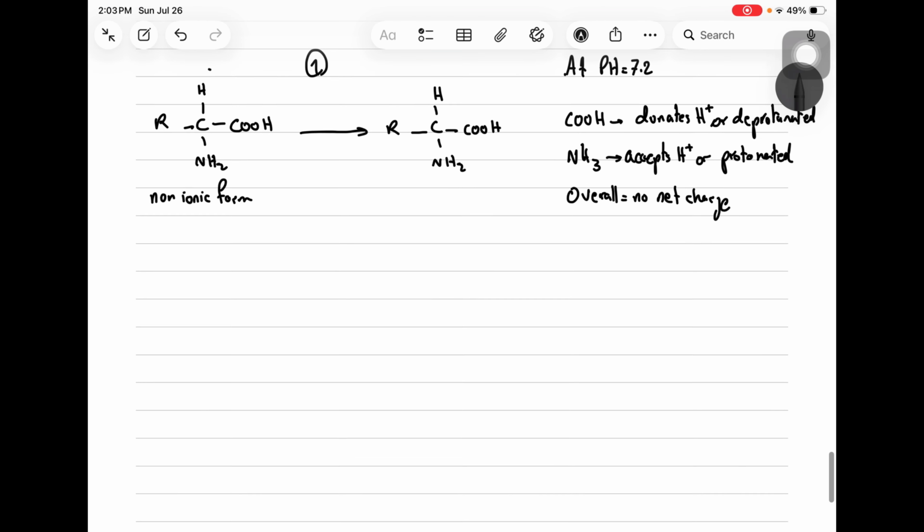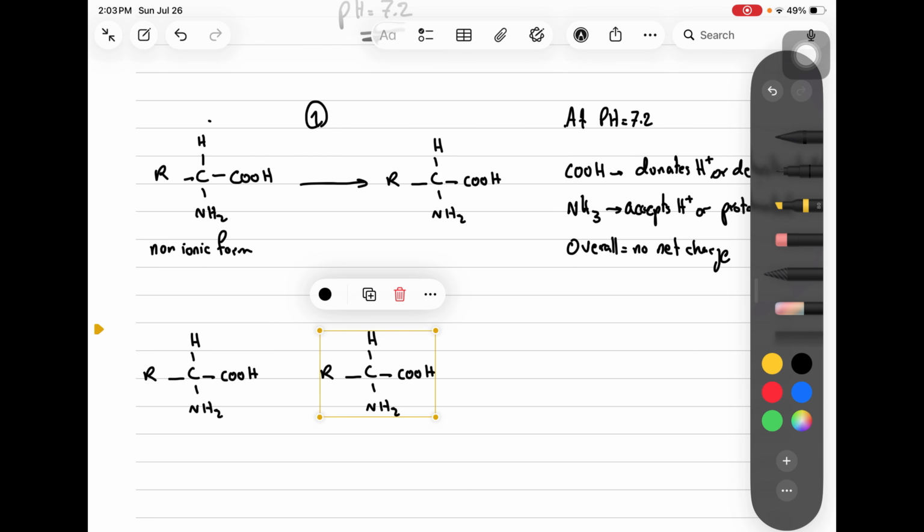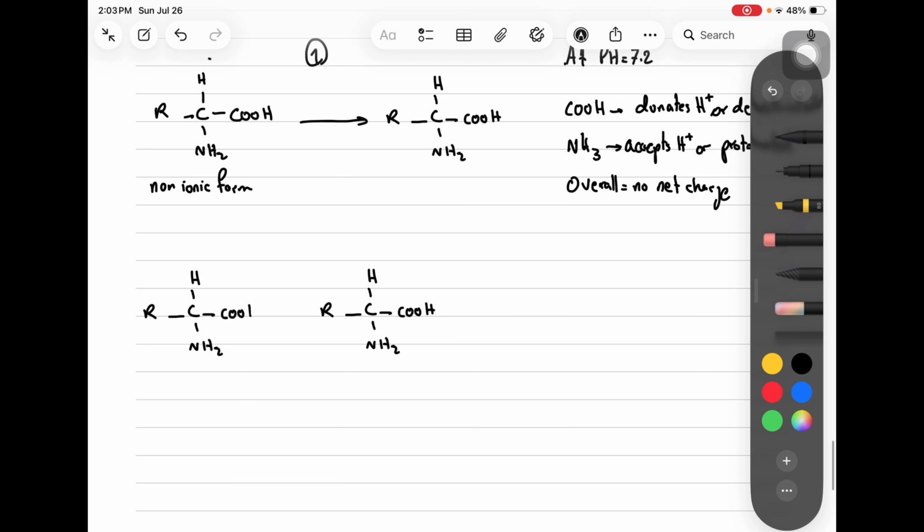The second one, I'm going to use this one as a template. The second condition that we're going to talk about is when we are at the high pH. So, I'm sorry for that one.